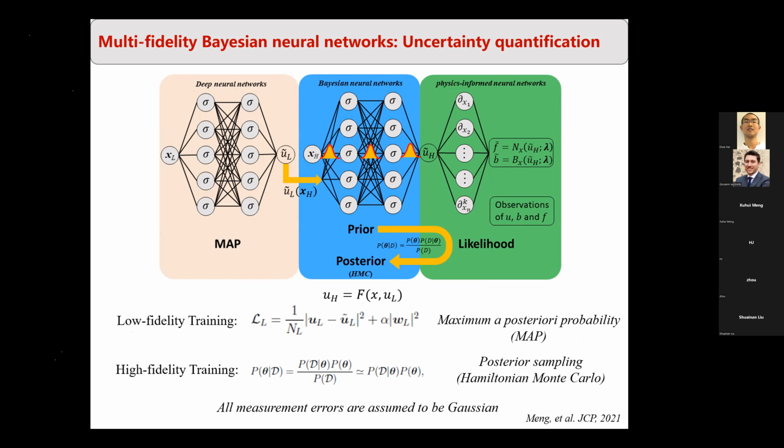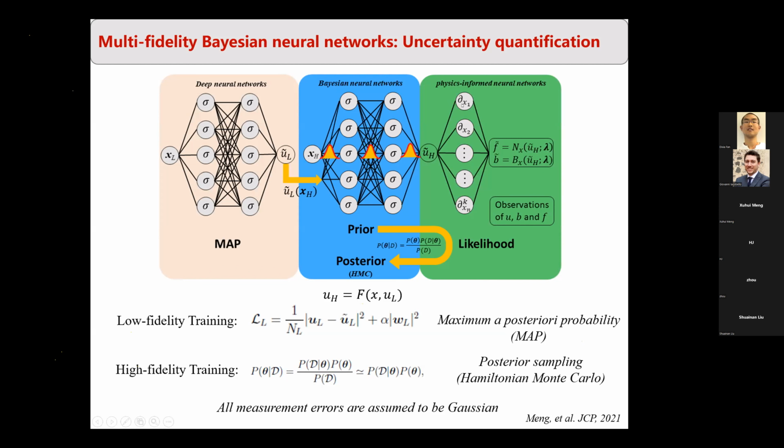This is a schematic of our proposed model, which is a multi-fidelity BNN. In the first part, we use a neural network to fit the low fidelity data. And in the second part, we use the BNN to learn the correlation between the low fidelity and high fidelity data. Since we use a BNN to learn the correlation, we can quantify the uncertainty in the prediction of the high fidelity function.